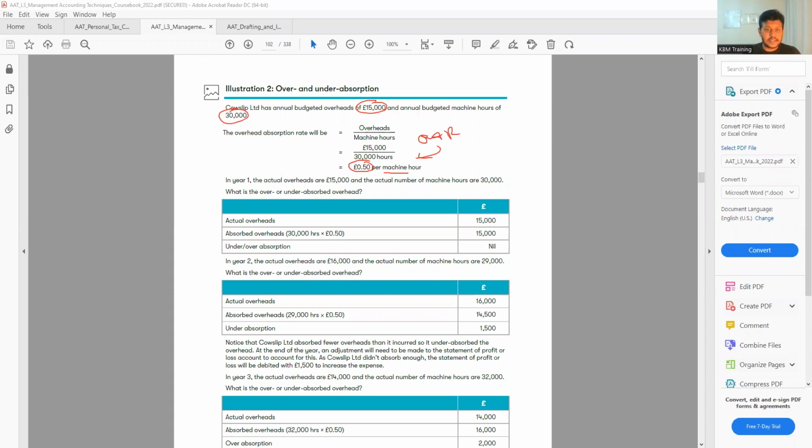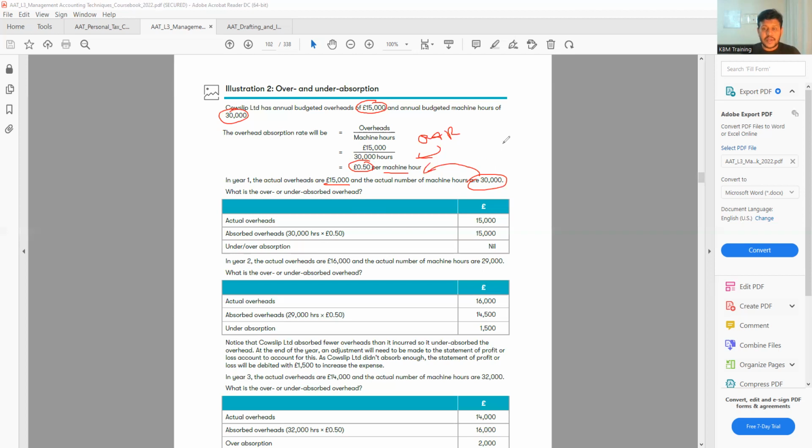Now let's look at the next story. They say in year one, the actual overhead is 15,000 and the actual number of machine hours is 30,000. Remember, we said the overhead absorbed formula is actual activity times the OAR.